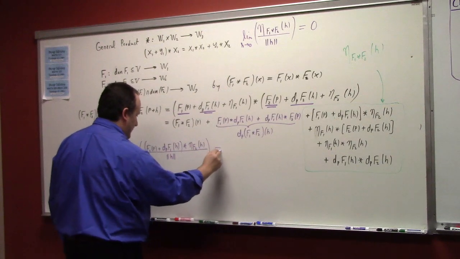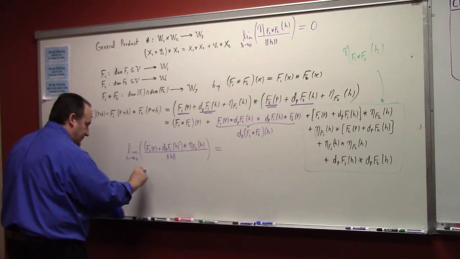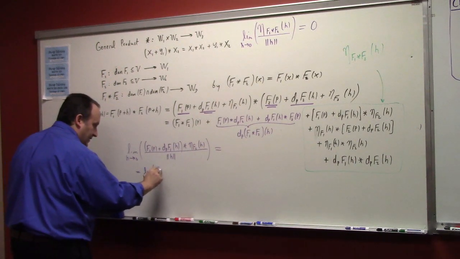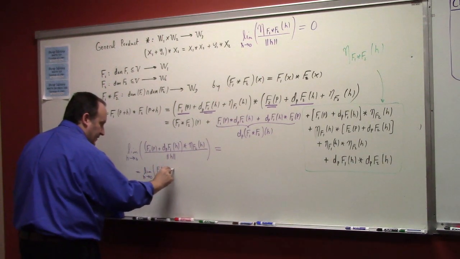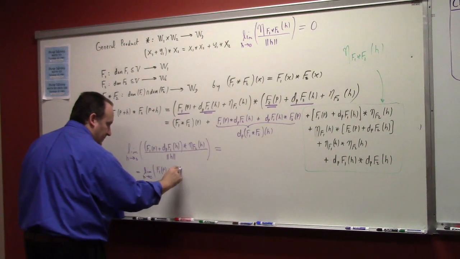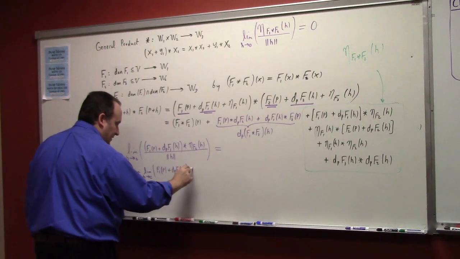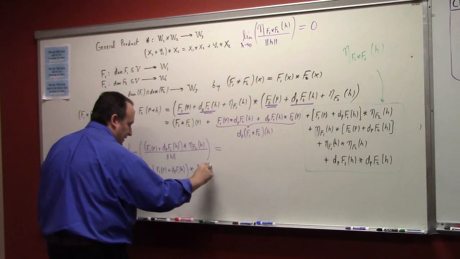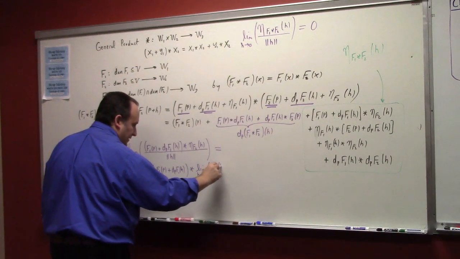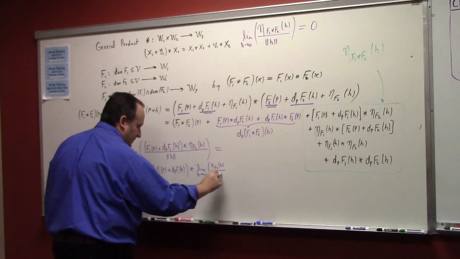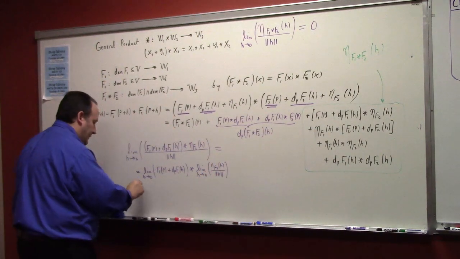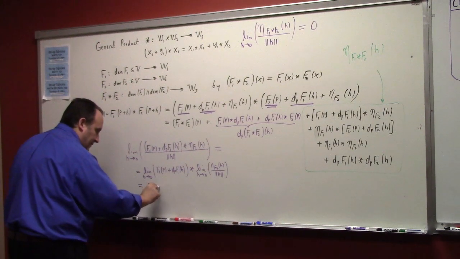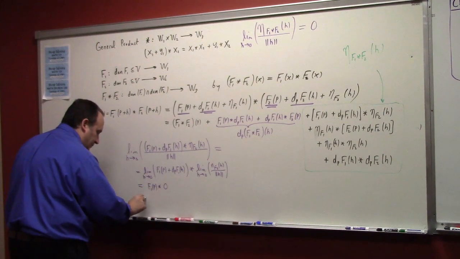All right, so what's that equal to? That is literally equal to the limit as H goes to 0 of F1 of P plus dP F1 of H, times the limit as H goes to 0 of eta F2 of H over norm of H, which is equal to F1 of P times 0, which is 0.